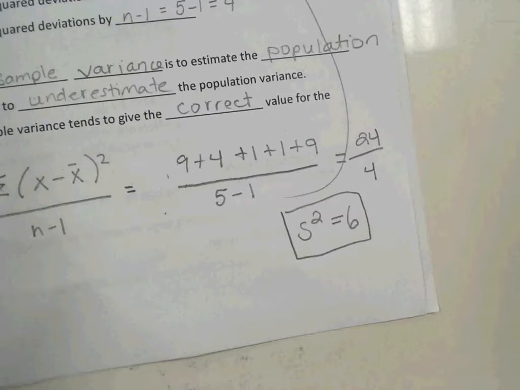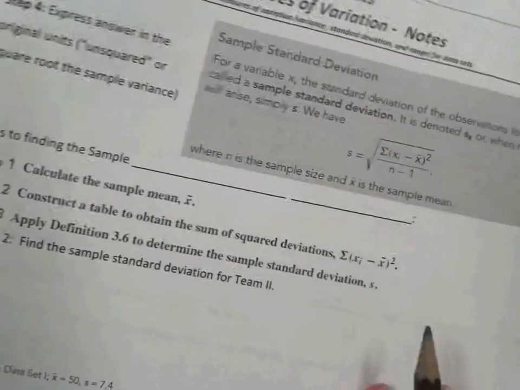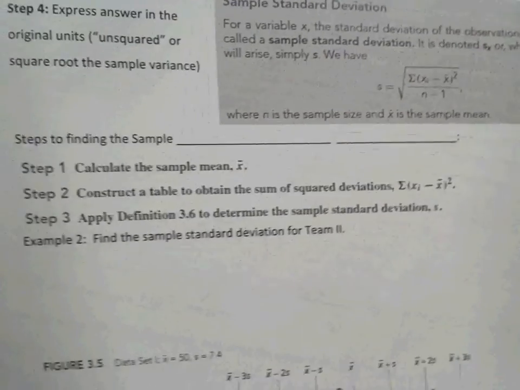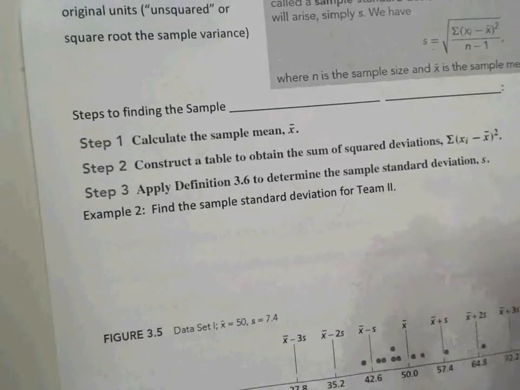Last step then, we have one more step to find the standard deviation. Right now we're in square units. How would we go backwards and just be at units? Square root it, yes. So the only last step I have to do to go from variance to standard deviation is to take the square root.